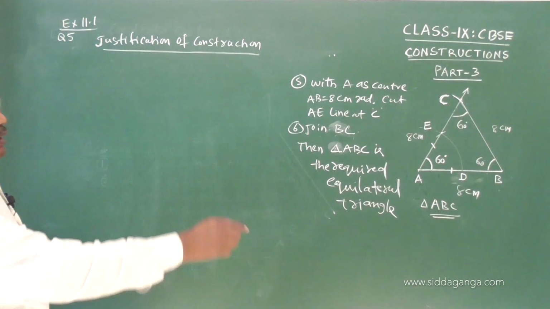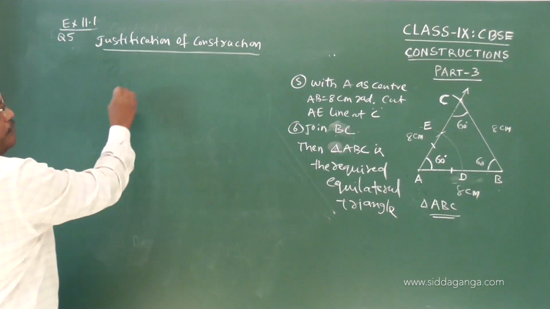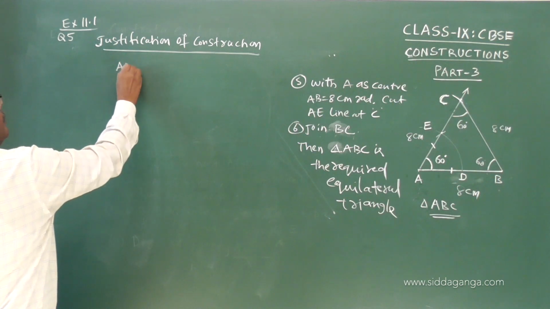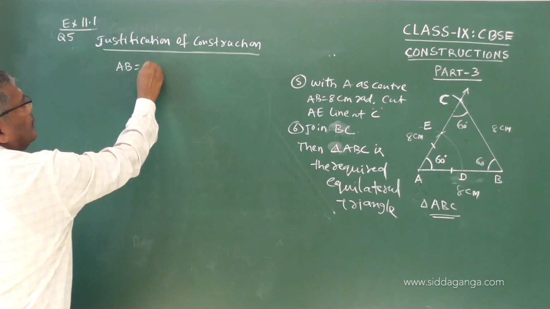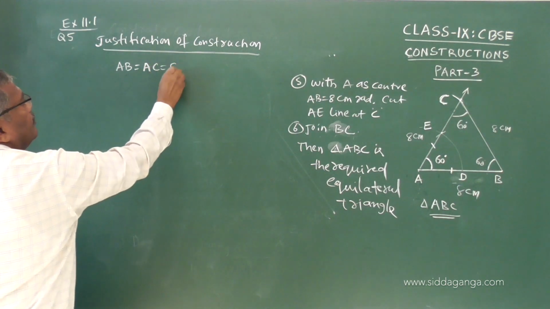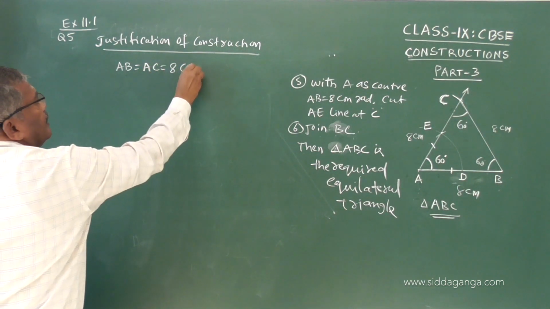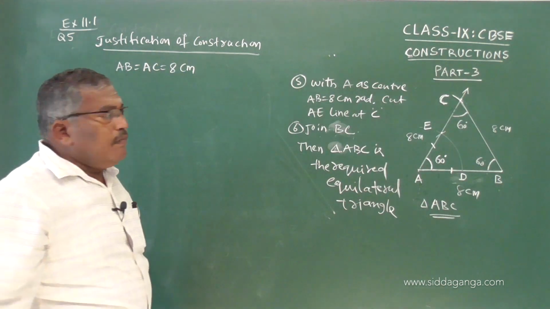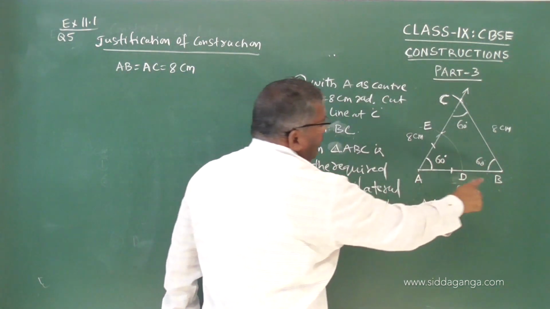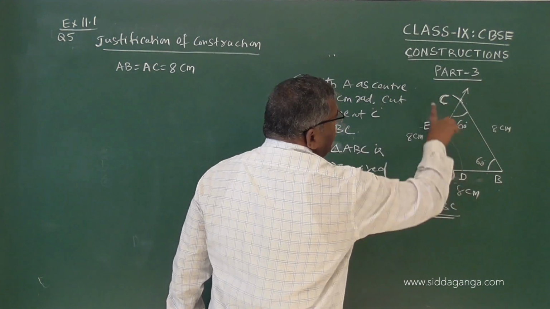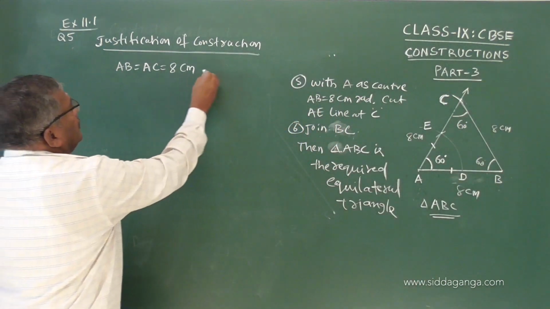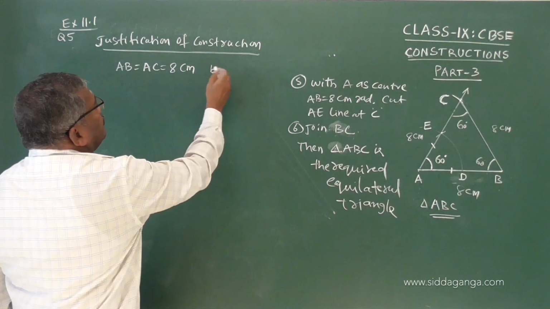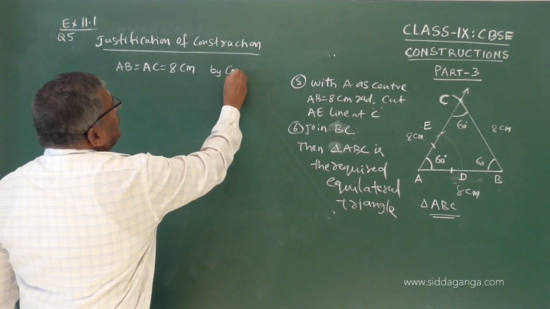So AB is equal to AC is equal to 8 centimeter. It is by construction. AB and AC we have cut with the same radius, so they are equal and they are 8 centimeter. We need not prove it.